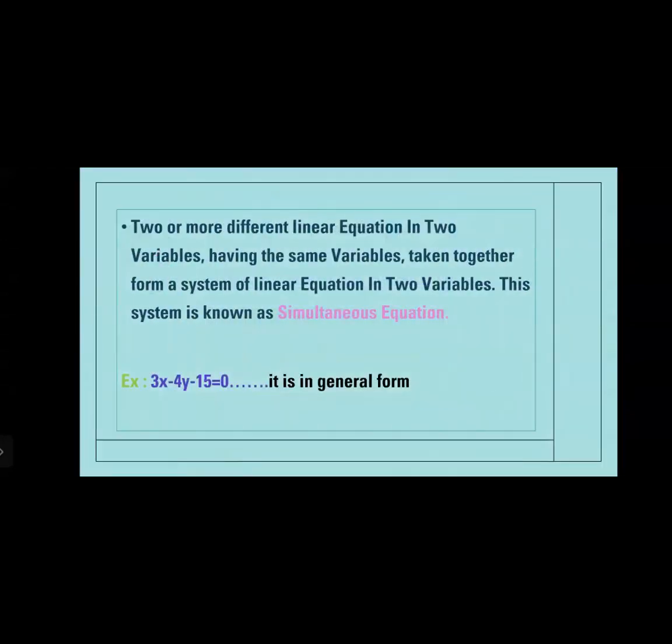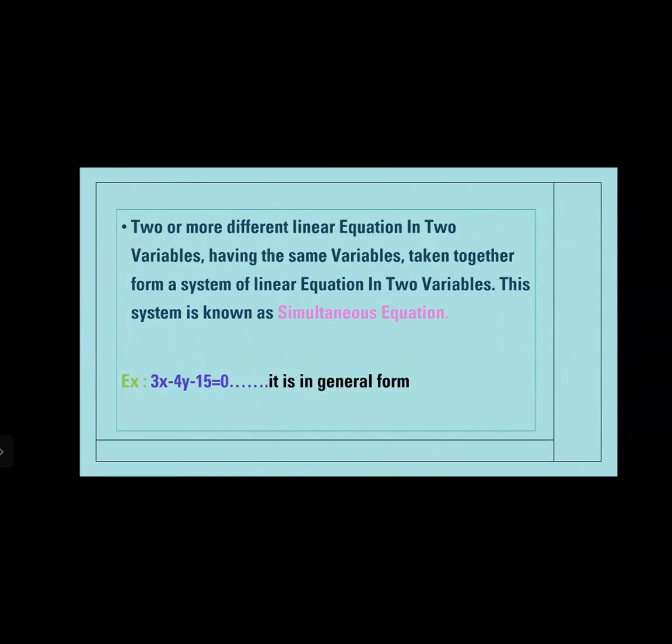Now this is what we studied in the previous class, that is, what is the simultaneous equation. Now again I have displayed the definition and the general form. Why? Because we are going to solve the linear equations by different methods.